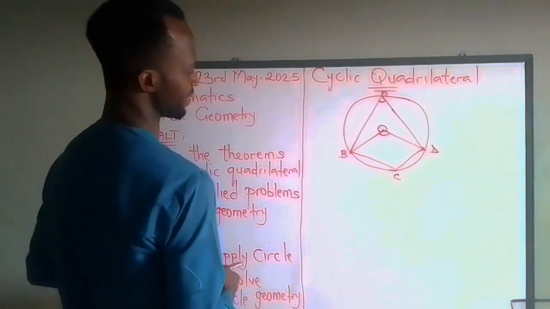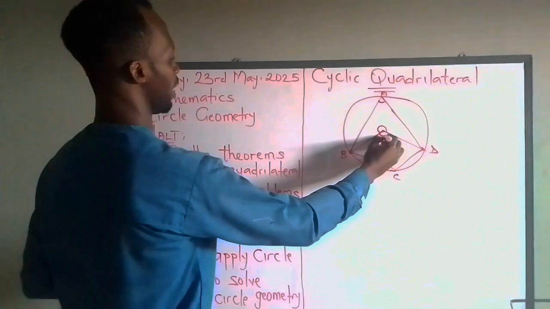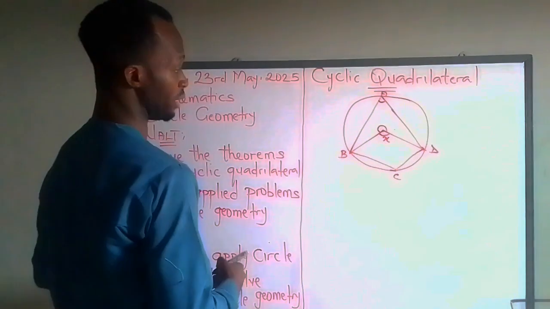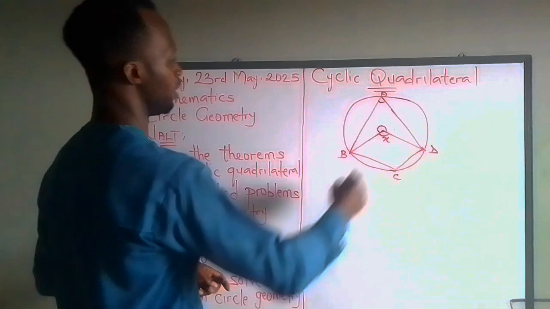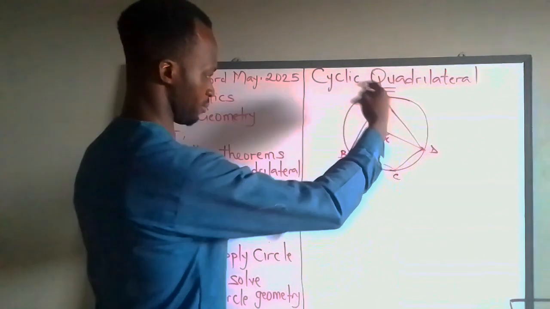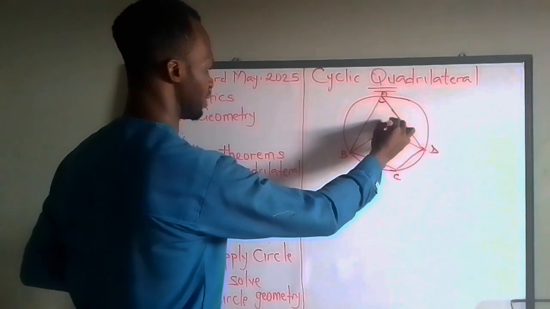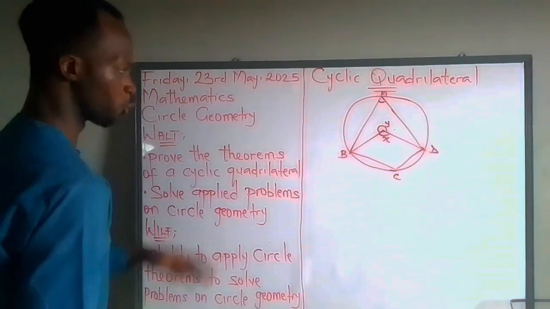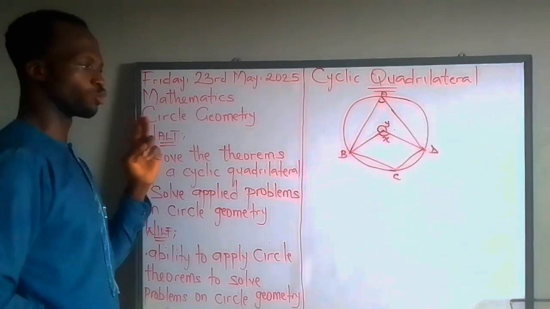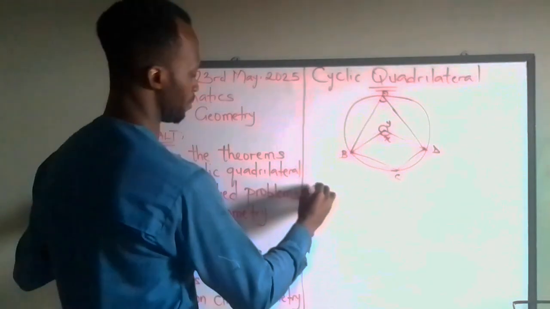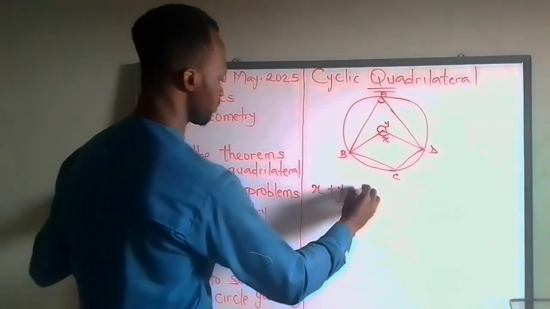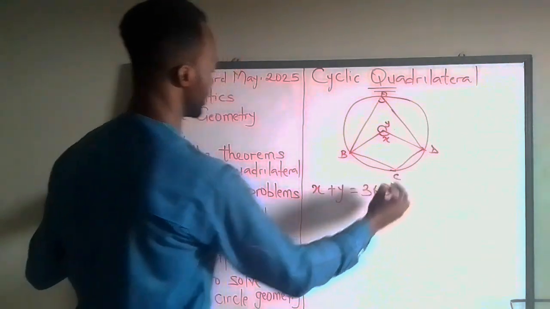Let the angle subtended by the two radii OB and OD be x, and let the other angle around it be y. You observe closely that there are two angles at a point here, so we can say that x plus y is equal to 360 degrees.